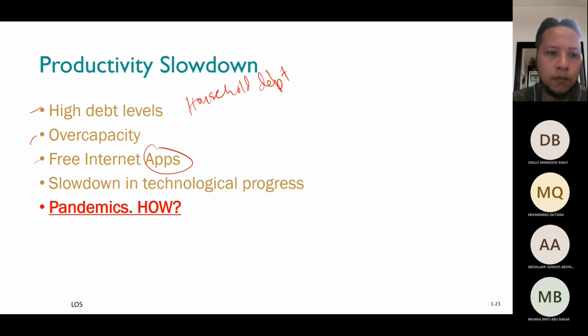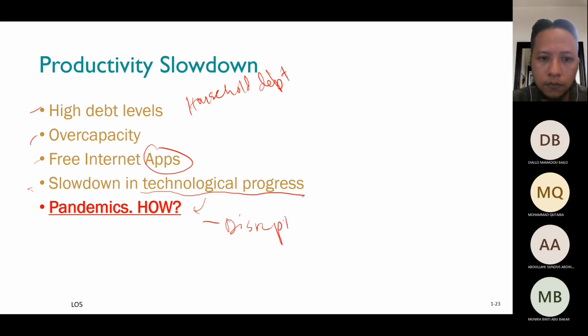Okay, and then another reason for slowdown in productivity is because of slowdown in technological progress. This can be for various reasons, and we saw this during the pandemic, perhaps because of the disruption of supply chain.